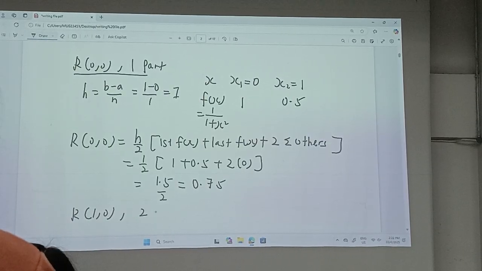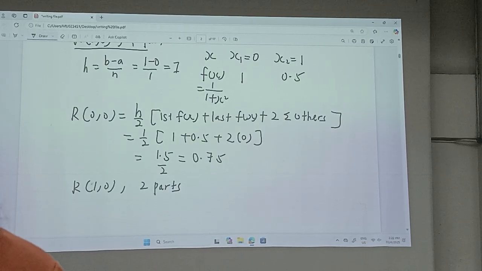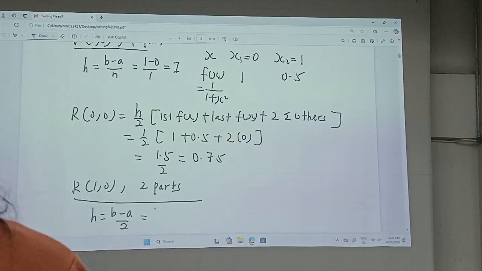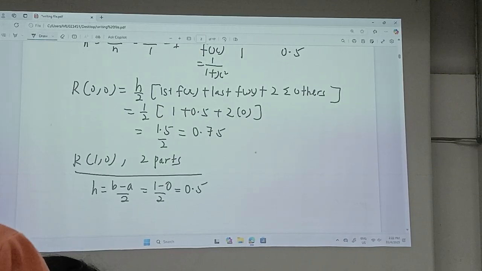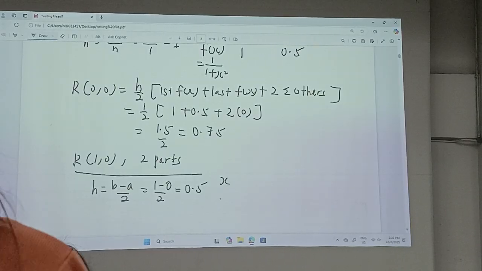Yes, divide into 2 parts. So h equal to b minus a over 2. Okay. So b equal to 1, a equal to 0, so equal to 0.5.